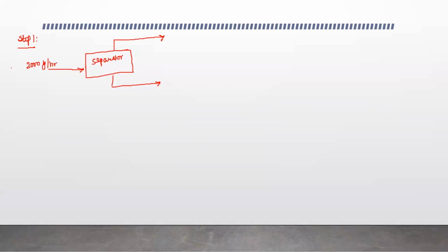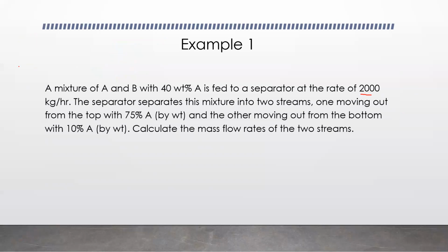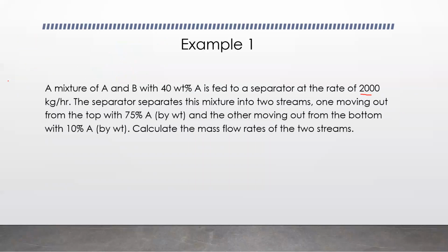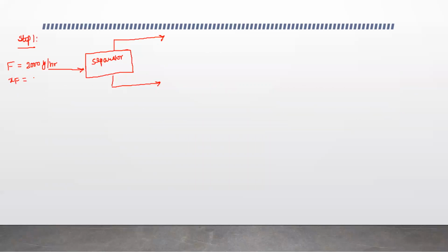Since this is feed, this is taken as F. And the mole fraction or mass fraction, in this case it's mass fraction. The mass fraction of a particular component is taken as XF. So XF is given to be 0.4. But remember, if we are taking the weight fraction or mass fraction of one particular component, then we are going to take the mass fraction of that component throughout.